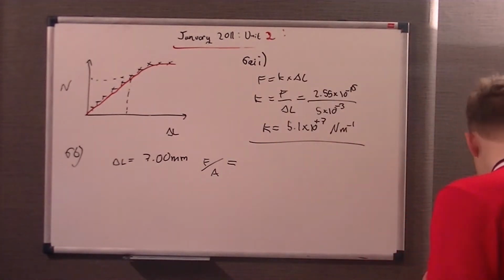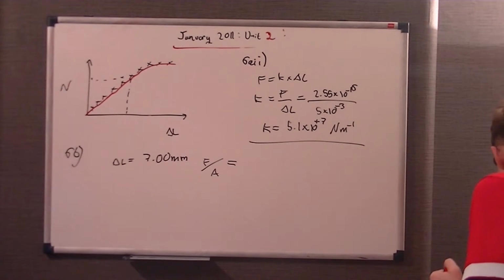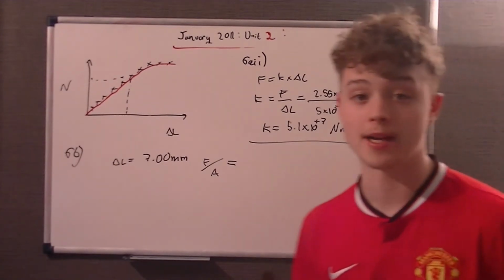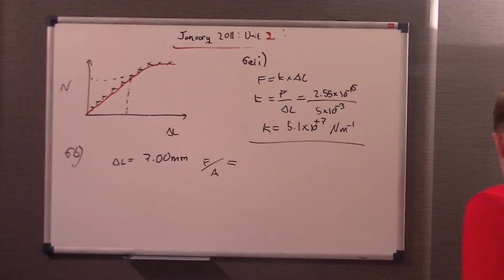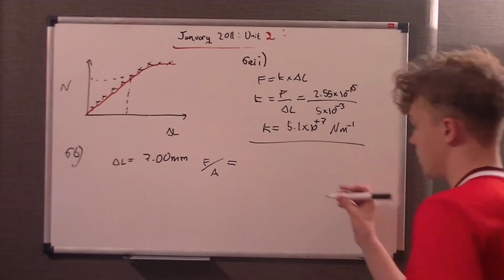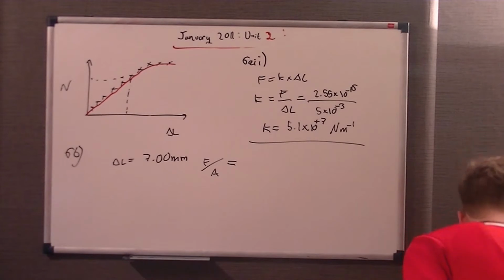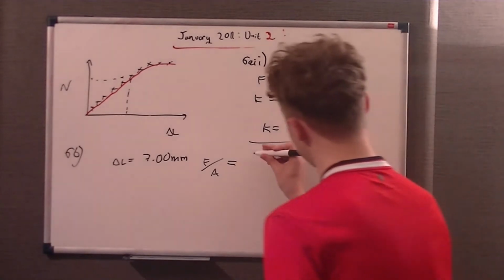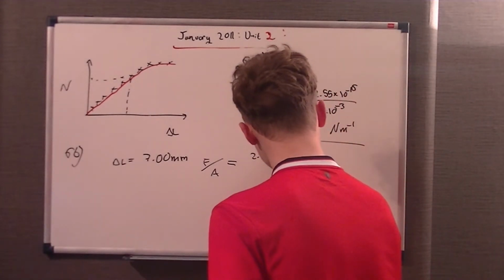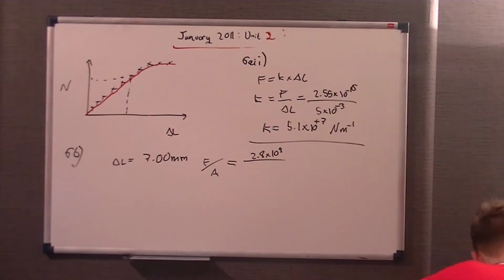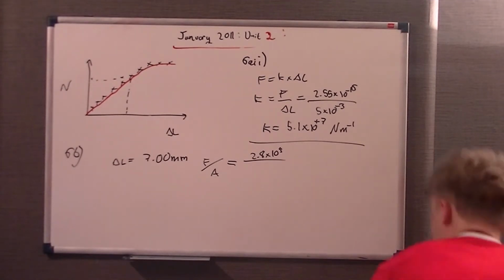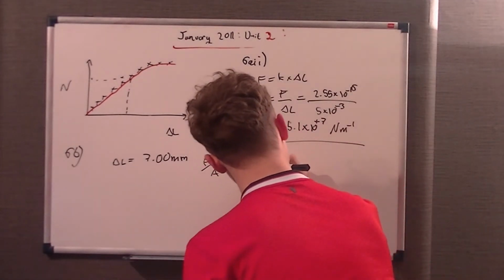Calculate the cross-sectional area if you haven't already, which is pi times diameter squared over 4. The force you should have read as 2.8 times 10 to the 5, and the area should get you 2.5 times 10 to the minus 3.